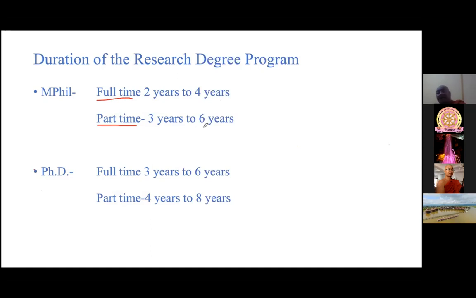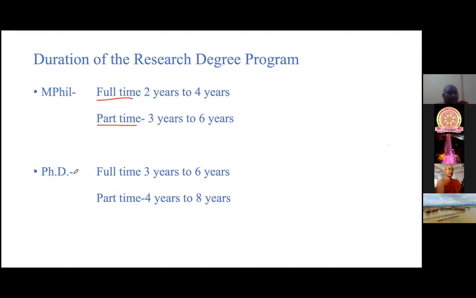If they are able to complete their research in 3 years, they could submit it. Otherwise, they could request to extend by 3 more years. For a part-time student, the maximum is 6 years.